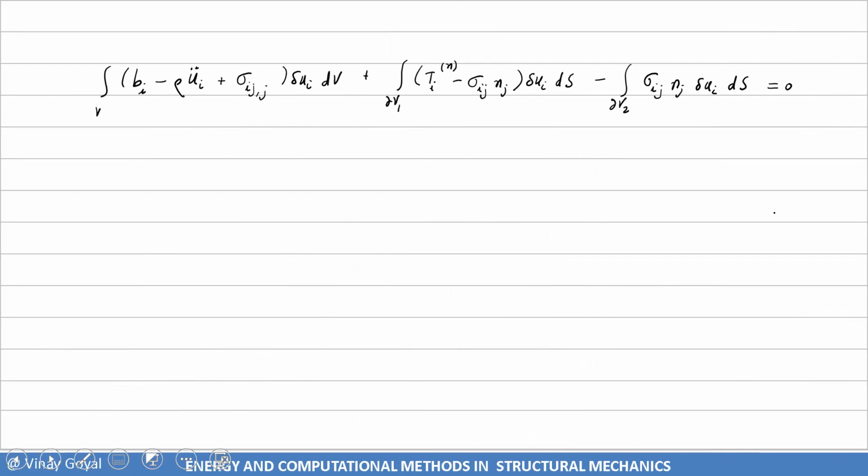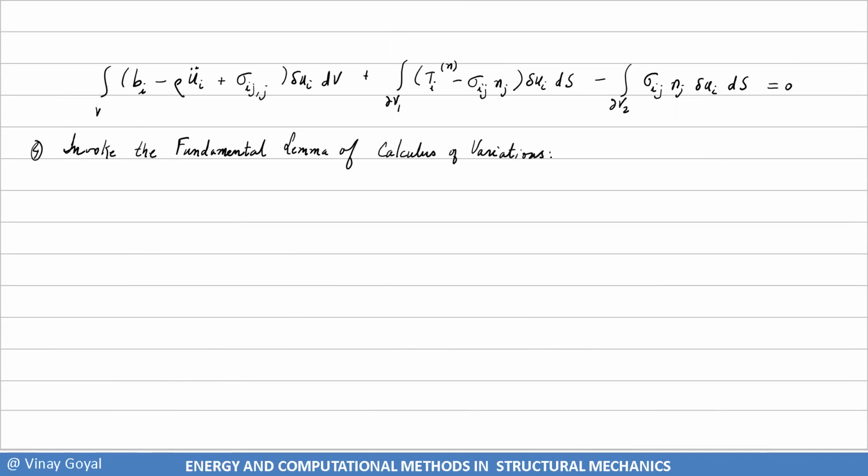This is very powerful because now I can invoke the fundamental lemma of calculus of variations, which tells you that for any arbitrary del ui, the integrand must be equal to 0.